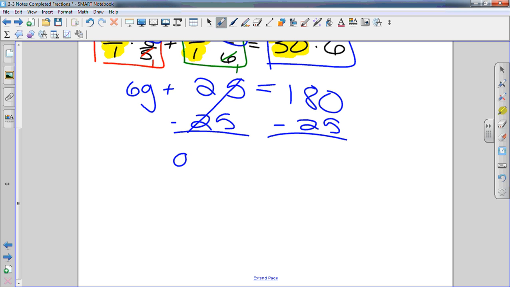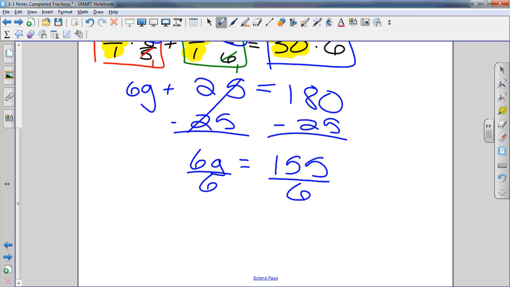Left with 60 equals 180 minus 25. Yep, 155. Divide by 6. Can you reduce 155 over 6? No, you can't. Not even 3. So that's your answer. Okay.